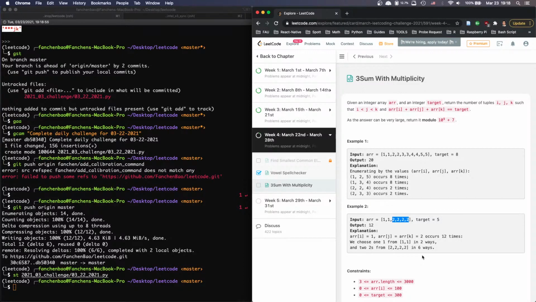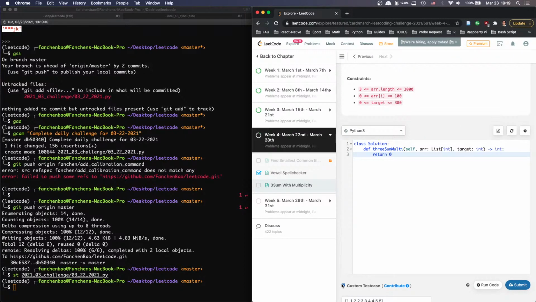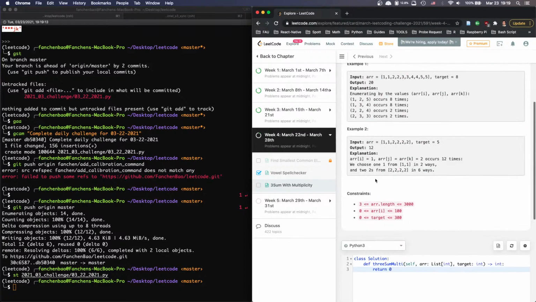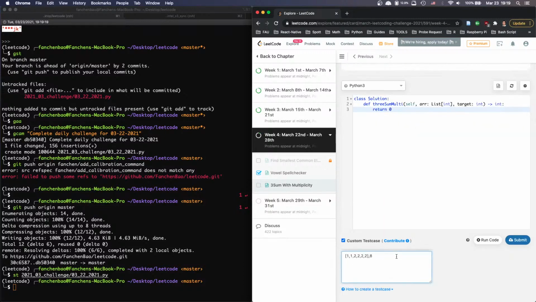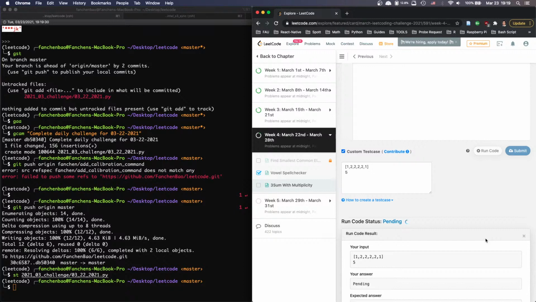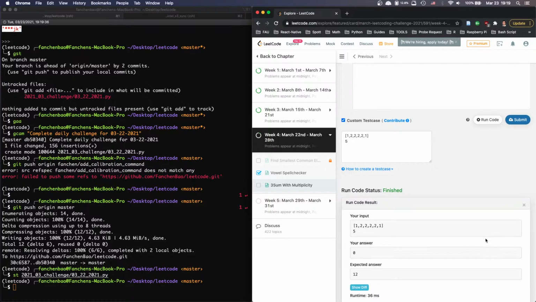Oh, hold on. It says IJK has to follow this, which means if we change the order of this, let's try this one. If we change the order of this one, it's going to be 5. So instead of doing this, we then do this. All right, I think the number will reduce because, no, it's still, it doesn't matter.